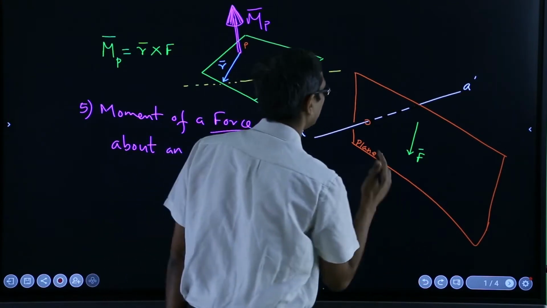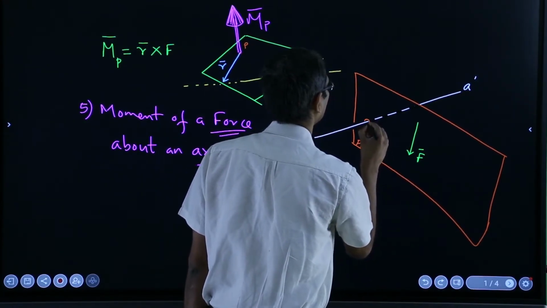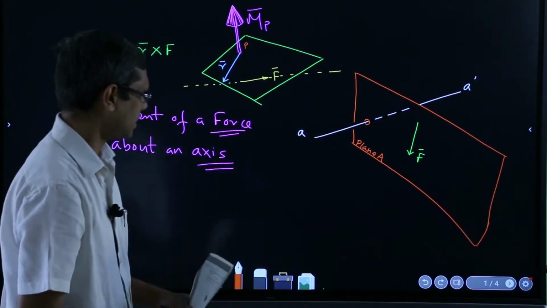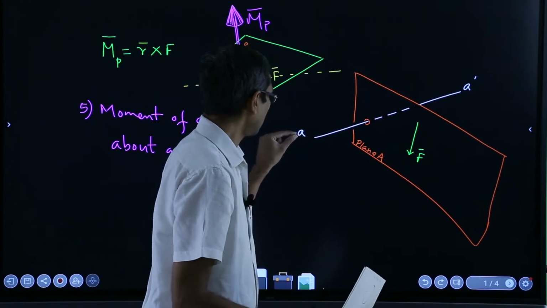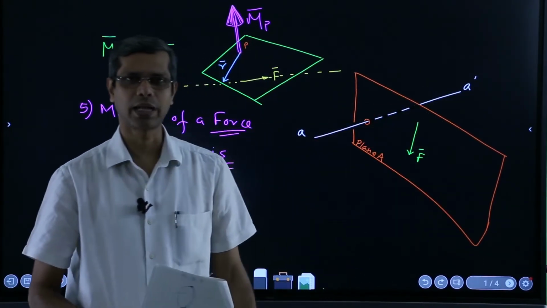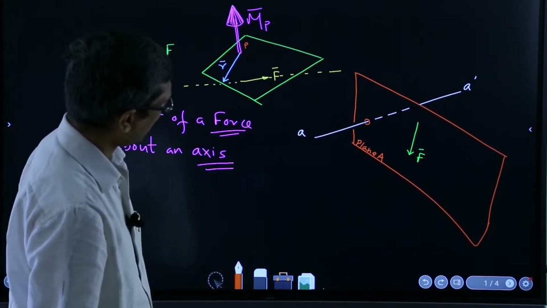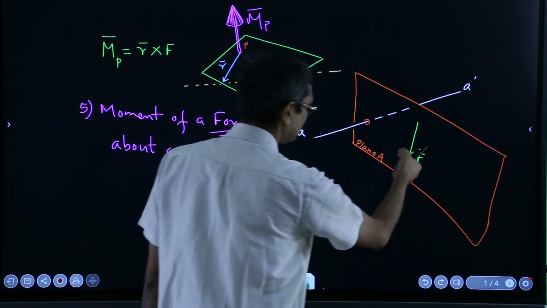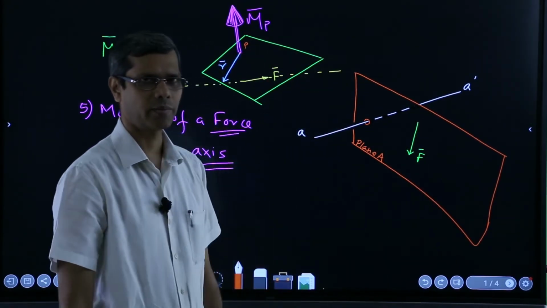So imagine there is a small perforation on that plane, and this axis is piercing through that plane. And this F is in fact coming out of this plane at some random angle.